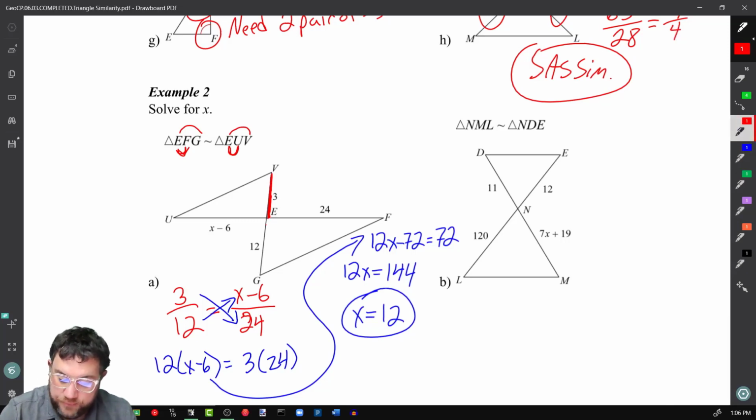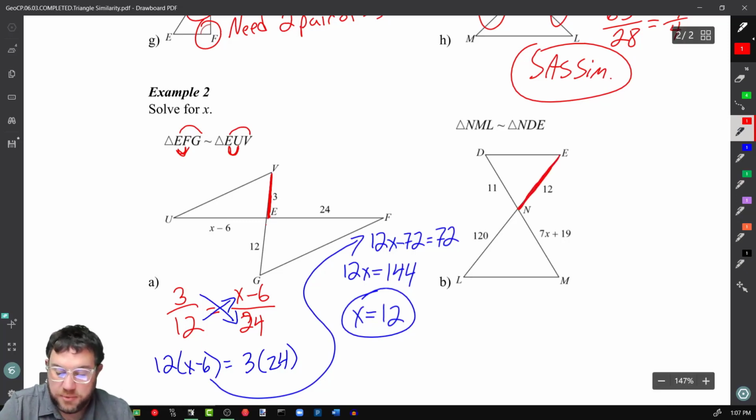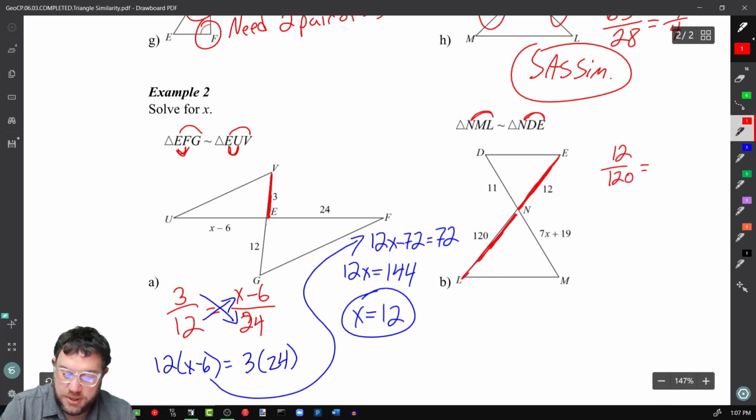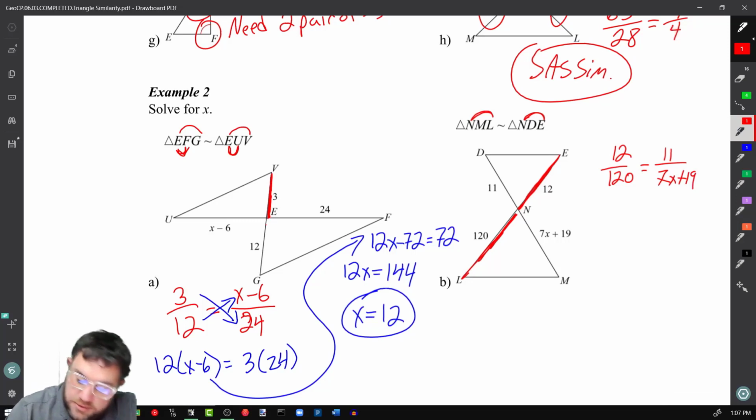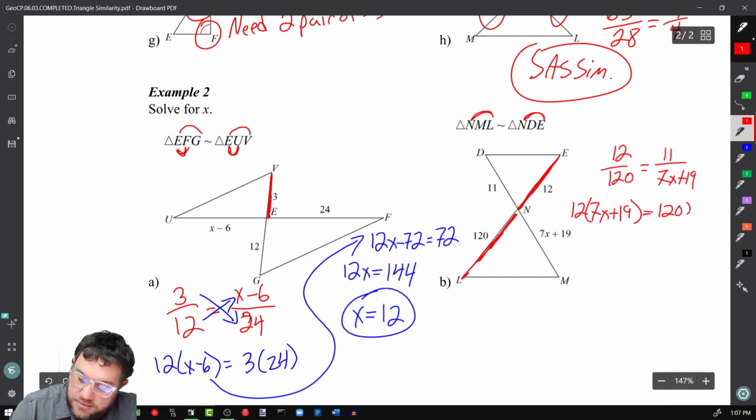For B, we know that NE, I'm just picking one to work with. NE has to go with NL, so that's going to go with the 120. So we have 12 over 120 equals 11 over 7x plus 19. So this is going to be a fun one after we cross multiply. 12 times 7x plus 19 equals 120 times 11.